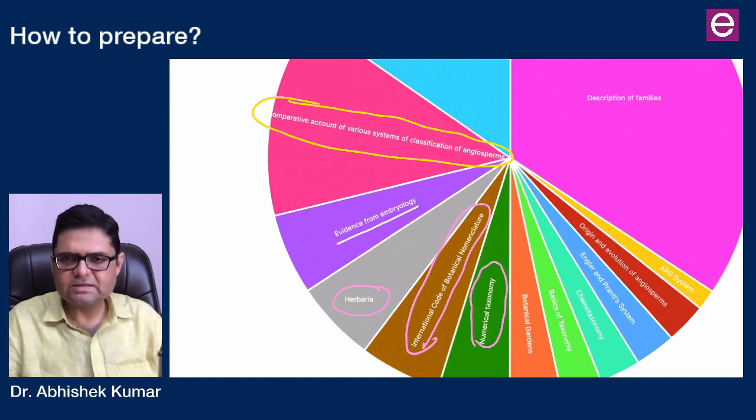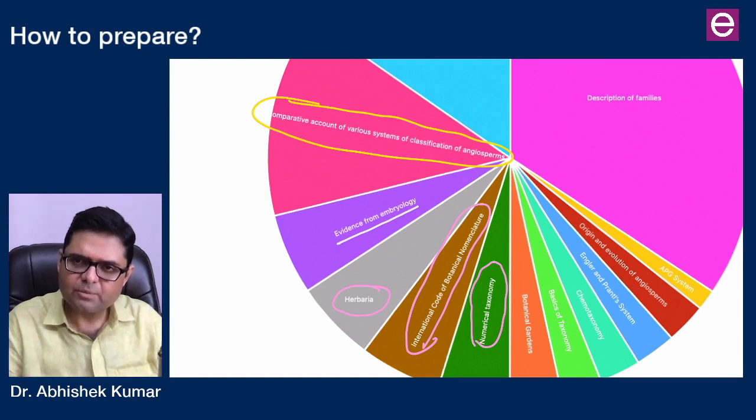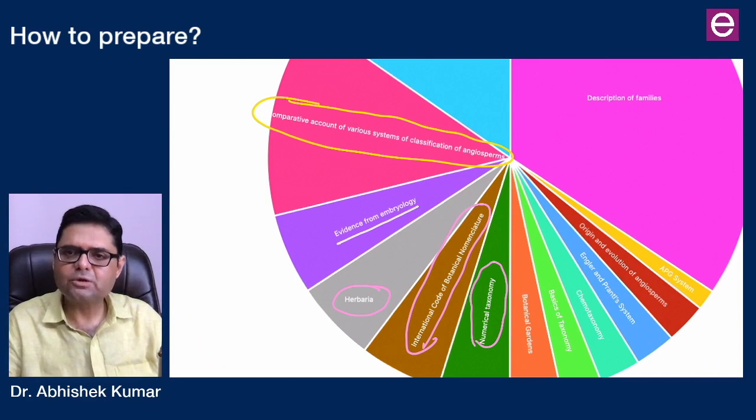Bentham-Hooker, Hutchinson, compare, and so on. And then the rest of the questions will be spread as small short notes. Apart from that, the smaller topics of systematics, so evidences from embryology, then herbaria, numerical taxonomy, and lastly botanical nomenclature happen to be more important.